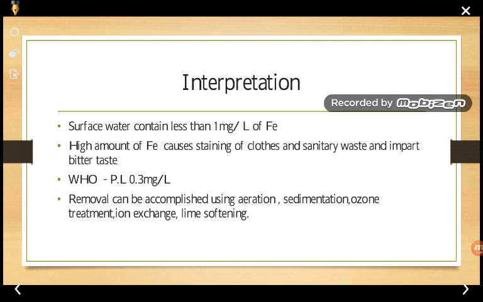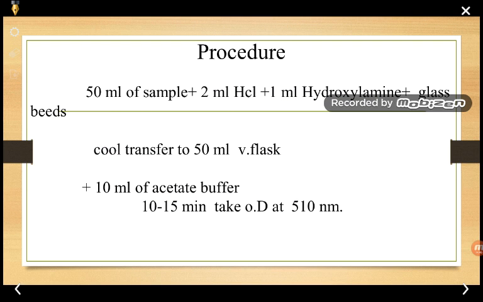Next, what do we interpret? After the calculation, so what is the calculation? Normally the calculation is: concentration of the given sample is equal to concentration from the graph into the dilution factor. So we have to multiply with the dilution factor.